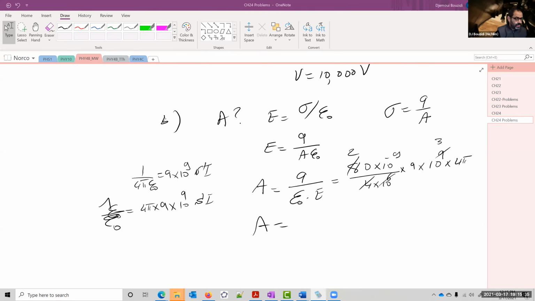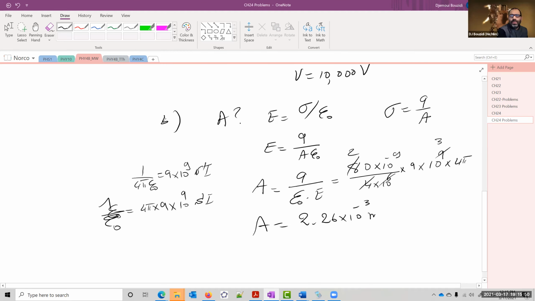So it's 2.26 times 10 to the negative 3 cubic meters, okay? Square meters, I'm sorry.